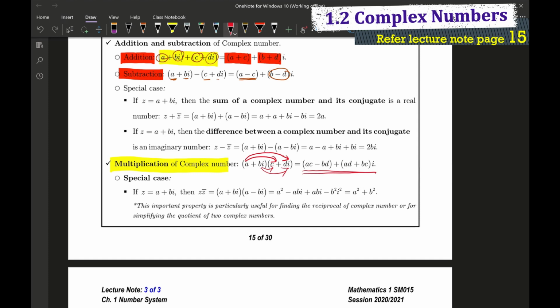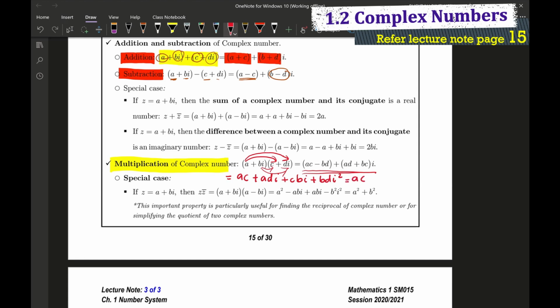How do we get this? We get AC plus ADi plus CBi plus BDi squared. And i squared is equal to -1, right?